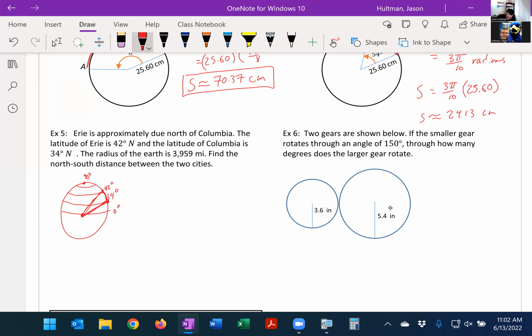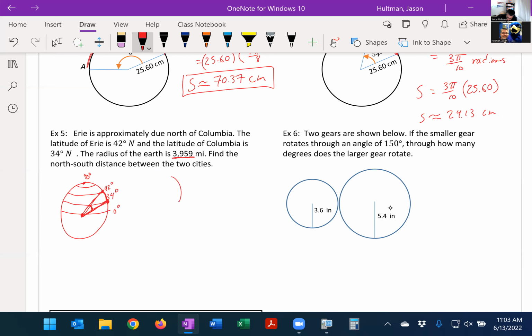That's an arc length, and they're saying the radius of the Earth is 3,959 miles, or whereabouts. It depends on exactly where you are on the Earth, but that's a good approximation of r. So we just need to know the angle made between Erie, Pennsylvania, and Columbia, South Carolina.